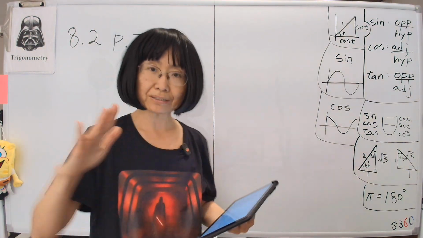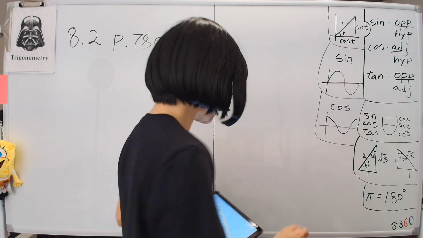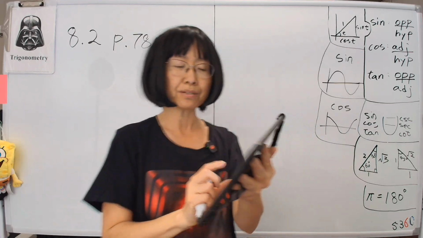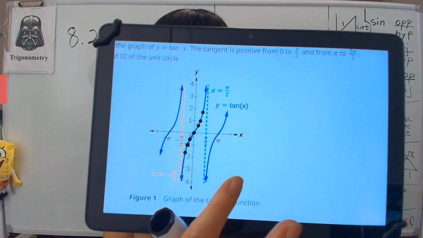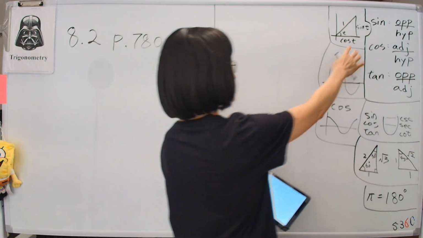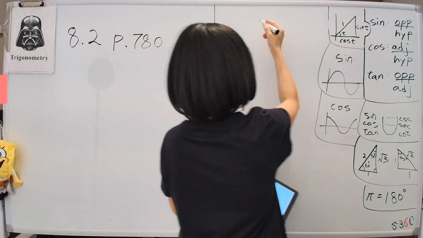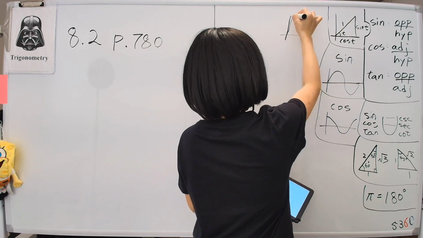It just has a bunch of lines going up and then going up again. As you can see, it has a bunch of asymptotes because of all the undefined values. Tangent at pi over 2 is undefined. The reason is because tangent is the vertical divided by the horizontal, and as your line goes all the way to the top, like this, it goes very narrow.